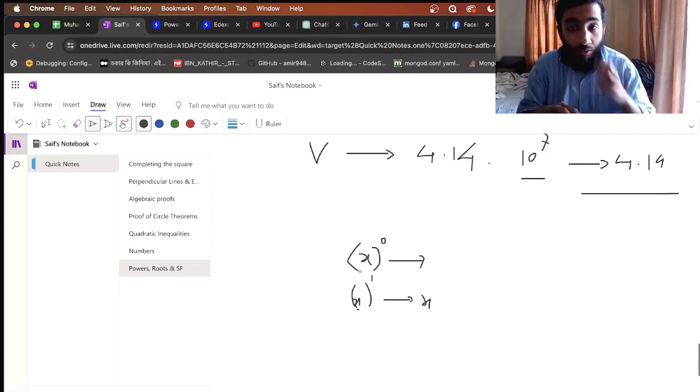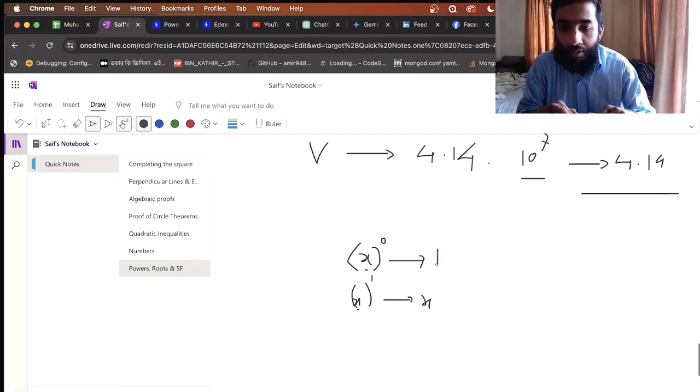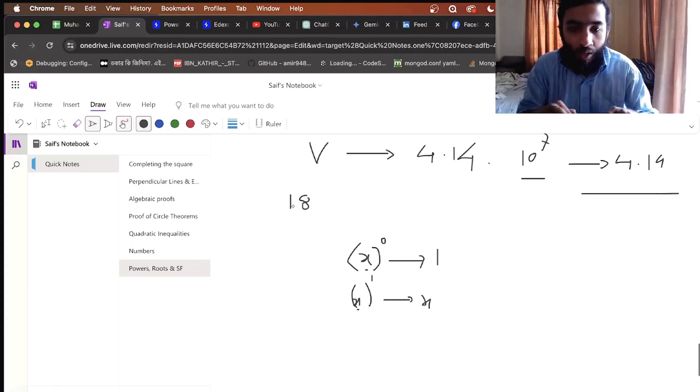When I use the power 0 on this number, it means that I'm not using x, so I'm only using by default 1. So for any number, let's say the number 8, it means 1 multiplied by 8. If I don't have this number, the only default number is 1. So any number to the power 0 is 1.